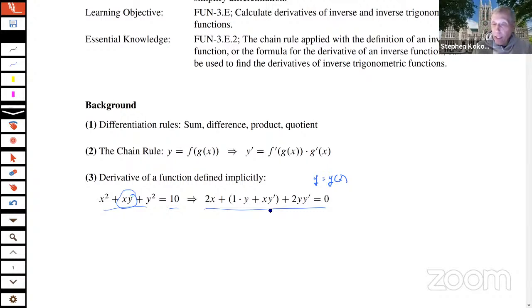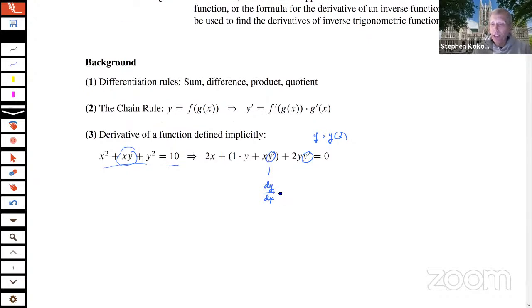And I'll remind you that when I did this, I used that notation y prime, but some people like to use dy/dx, and that's fine. And if we've done everything correctly here in an expression like this, we can really think of this as one equation in one unknown. And the unknown is y prime, and so we would solve for y prime. All right, so cool. We may use some of those ideas.